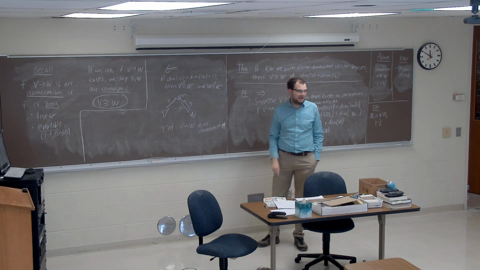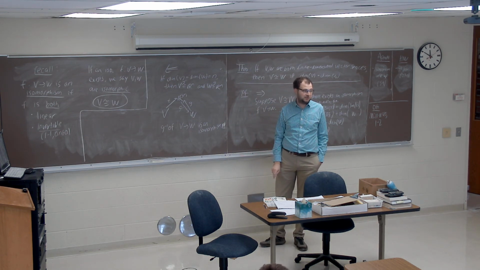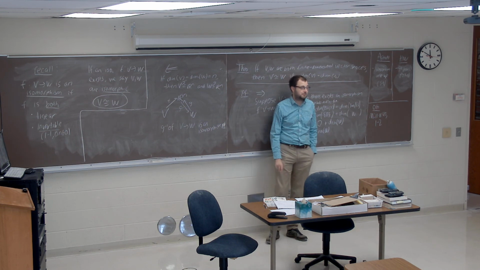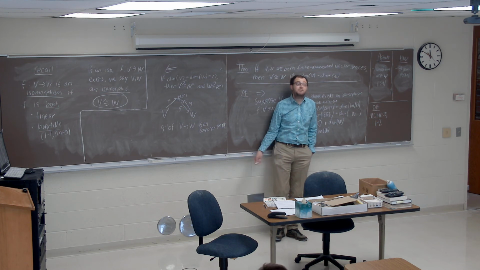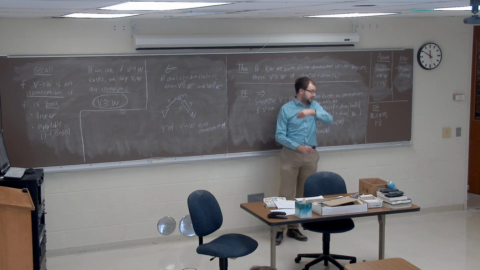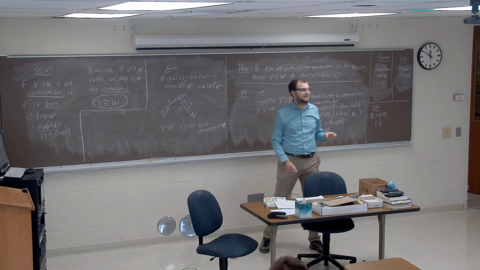So if f is an isomorphism and g is an isomorphism, then we can just do f and then g inverse, and that'll give us an isomorphism from V to W. I'm skipping a lot of details here, like for instance, if g is an isomorphism, then g inverse is an isomorphism. If f and g inverse are both isomorphisms, then doing one and then the other is an isomorphism.